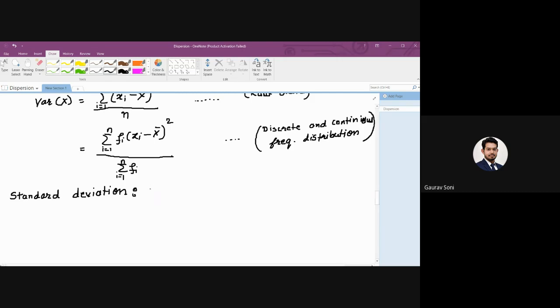The positive square root of variance is called the standard deviation.